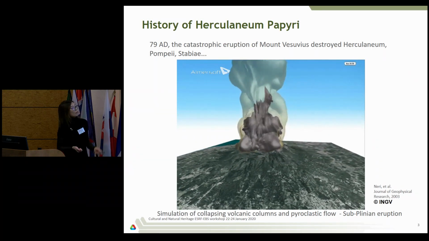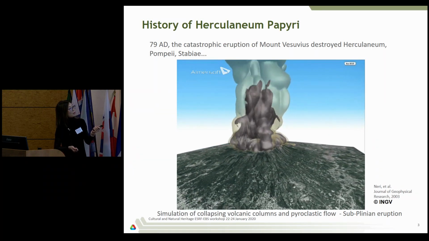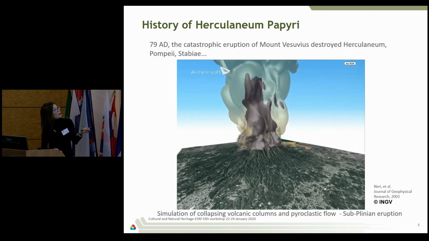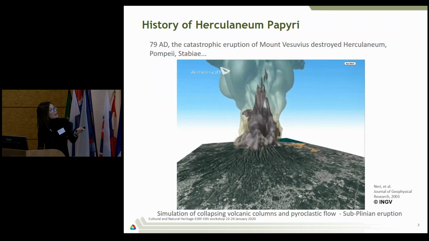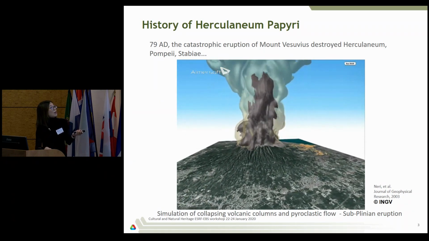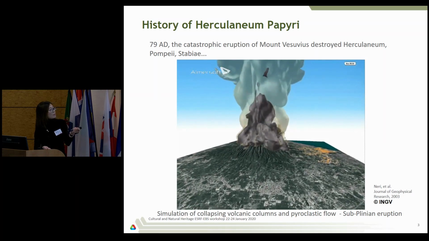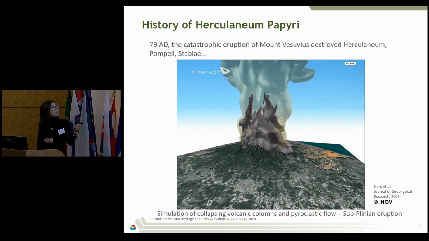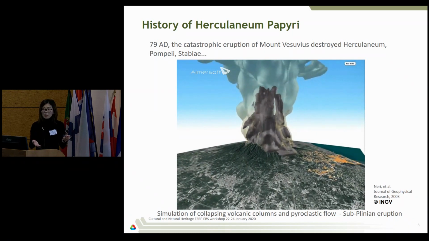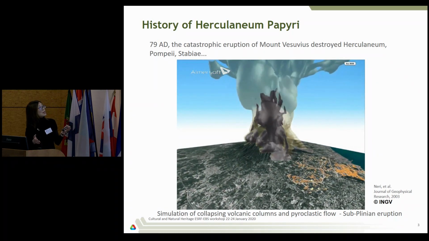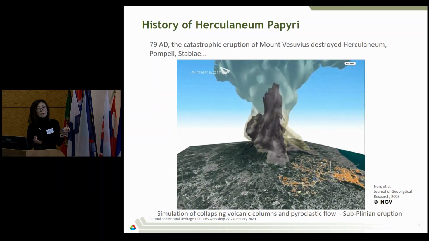Okay. So here's a simulation of the Mount Vesuvius eruption. At that time, this pyroclastic flow buried a few Roman settlements in the neighborhood, in this vicinity, such as Pompeii and Herculaneum.